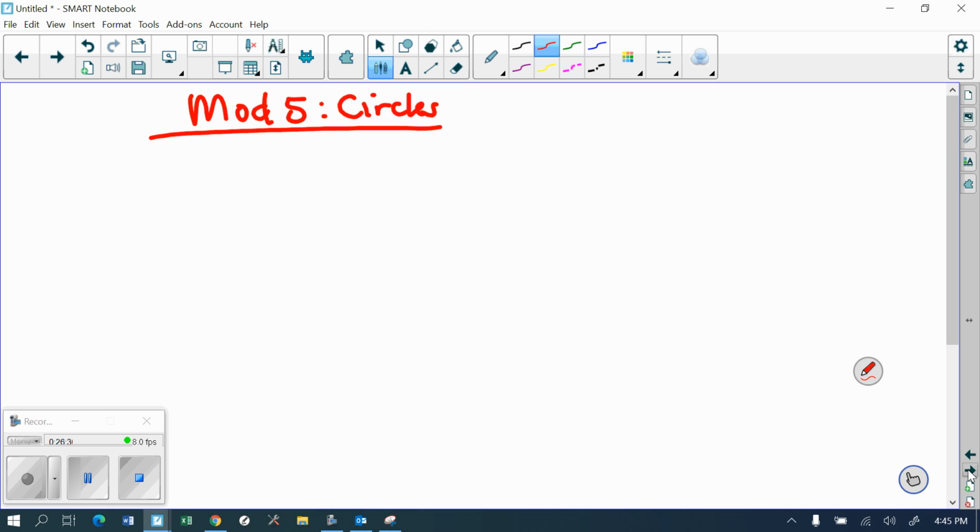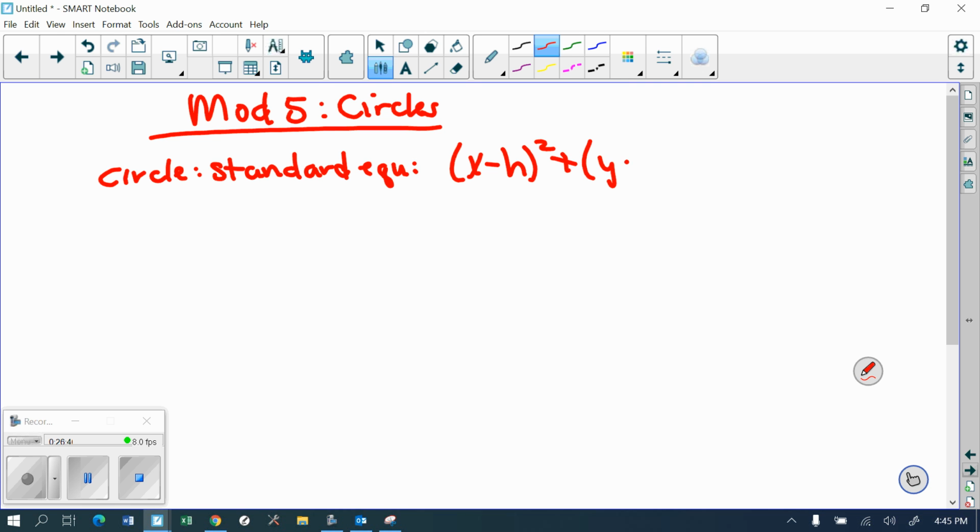So first off, we dealt with equations. The standard equation of a circle: x minus h quantity squared plus y minus k quantity squared equals r squared, where h comma k equals the center and r equals the radius.